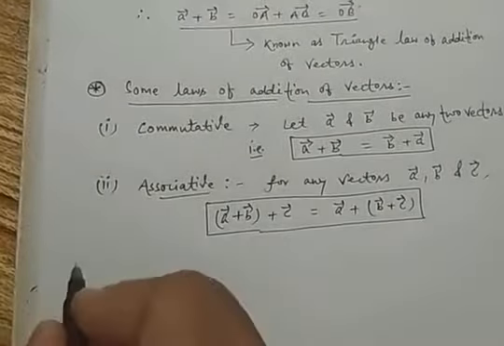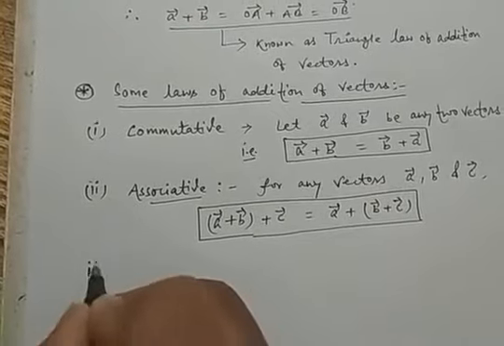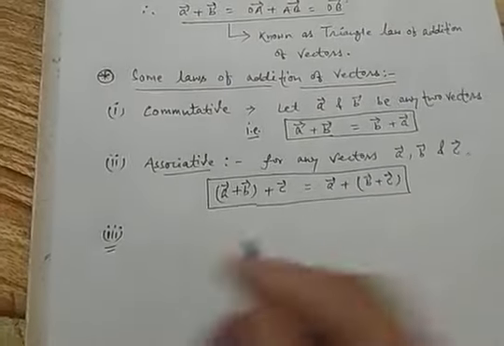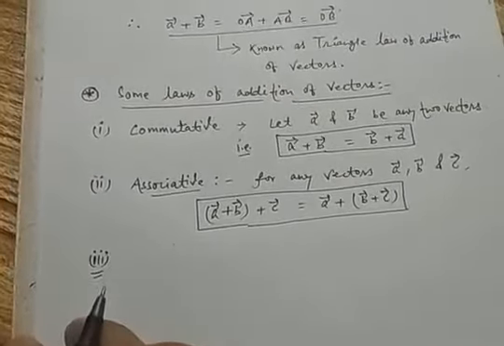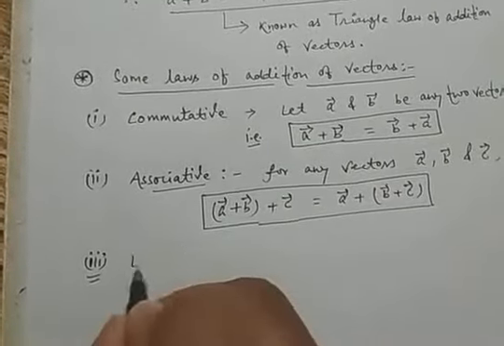Okay, now third is existence of additive identity.